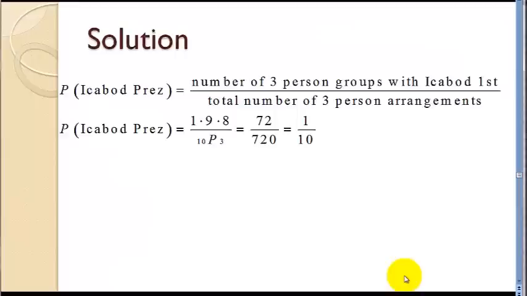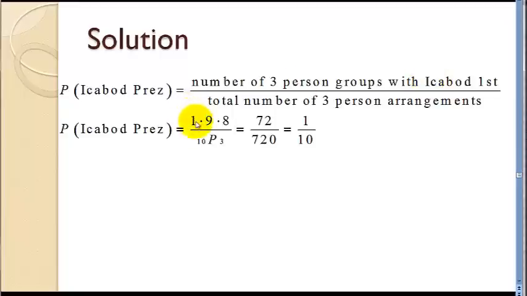So if we look at that, the councils where Ichabod is president, the total number of councils, I messed up here. So again, the total number of councils where Ichabod is chosen first.